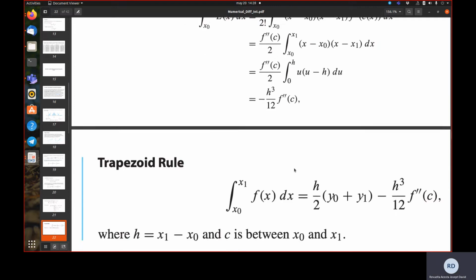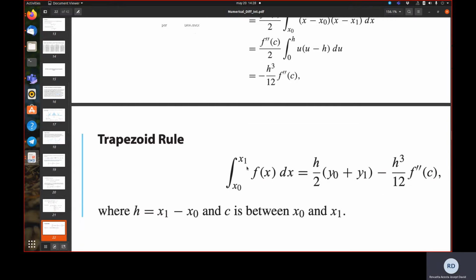So, as a general rule, the trapezoid rule is equal to this expression. The numerical integration of the function of x from x0 to x1 is equal to h divided by 2 times y0 plus y1, minus h to the power 3 divided by 12 times the second derivative of the function evaluated at c, where, of course, h is equal to x1 minus x0, and c is between x0 and x1.